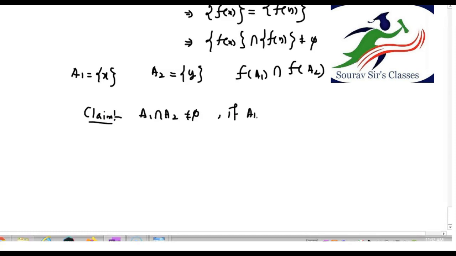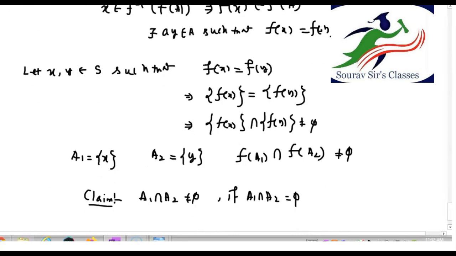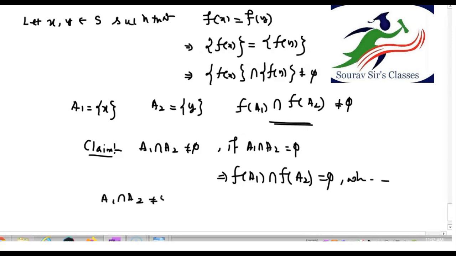If A1 intersection A2 were equal to phi, I already proved that it would imply f(A1) intersection f(A2) is also equal to phi, but I have already shown that f(A1) intersection f(A2) is not equal to phi, which is a contradiction. So A1 intersection A2 is not equal to phi.